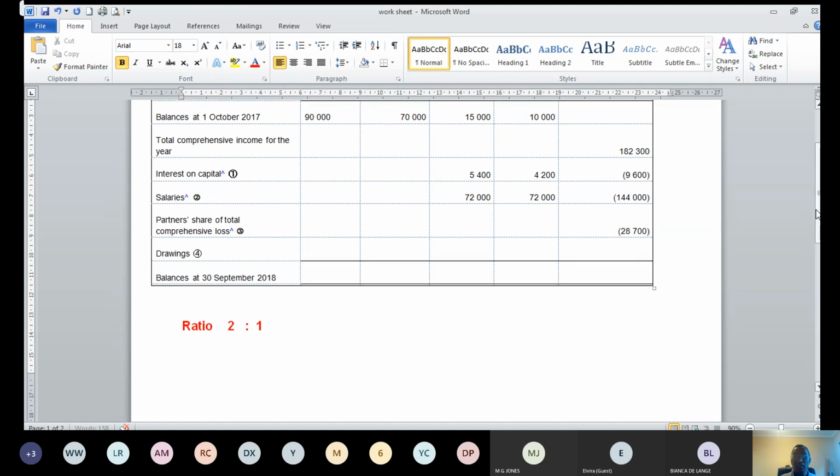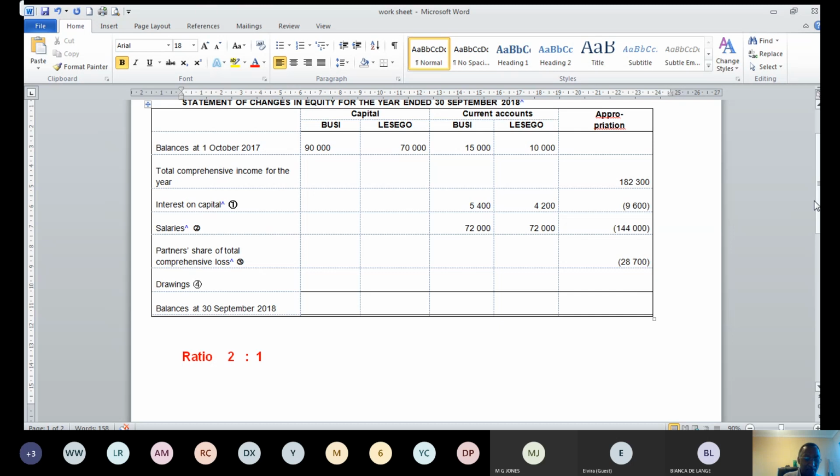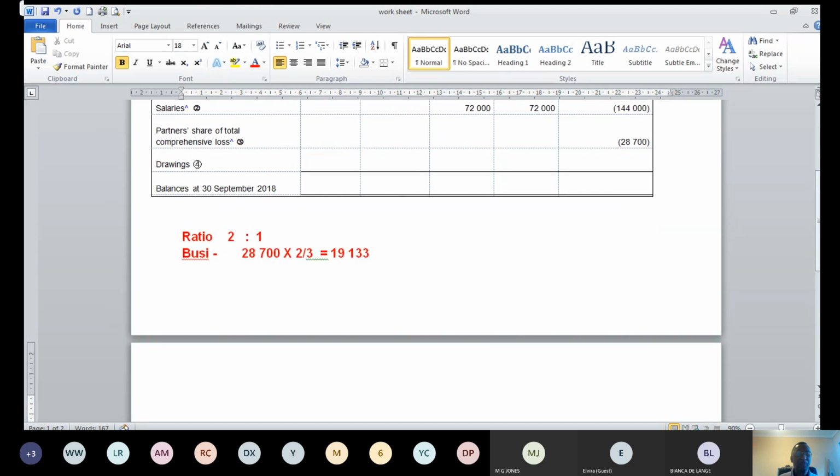If we want to calculate the share of the profit that Busi is going to get, it would be 28,700 times 2 divided by 3, because Busi is entitled to 2/3. Busi is entitled to an amount of 19,133, rounded off, not showing the cents. That is the share that Busi is going to get.